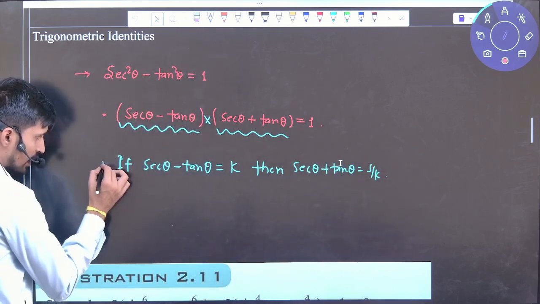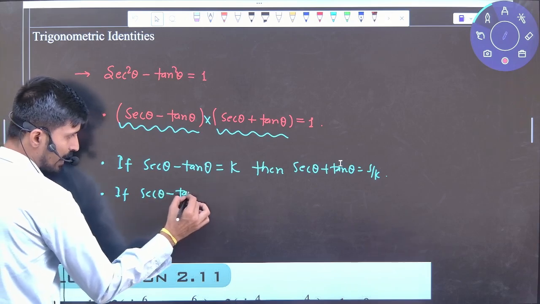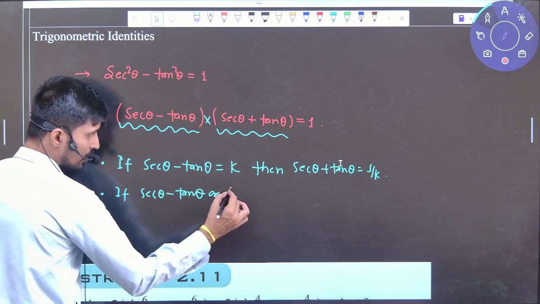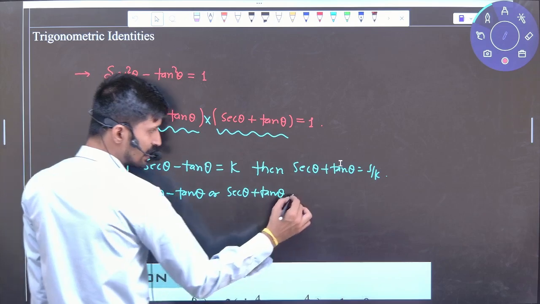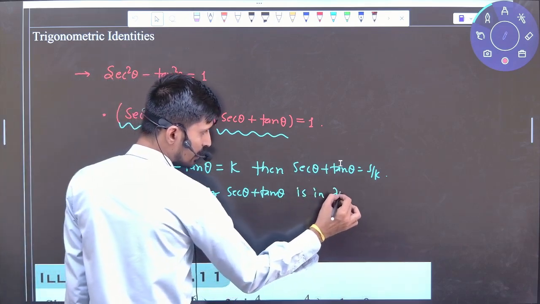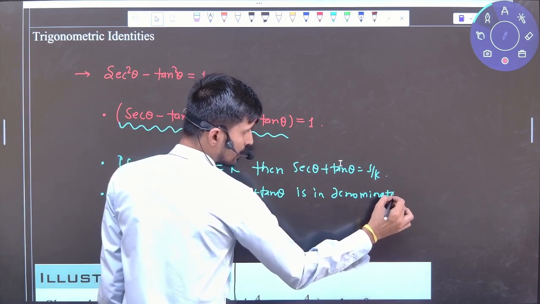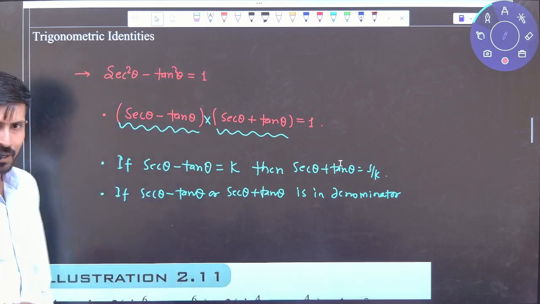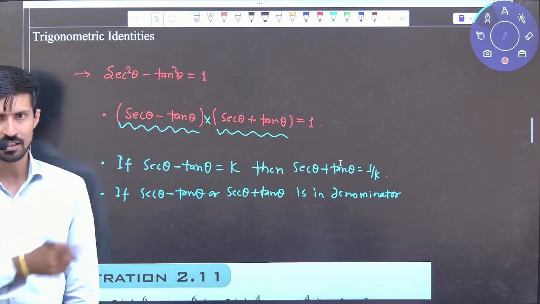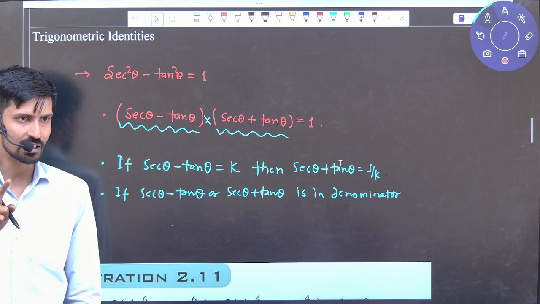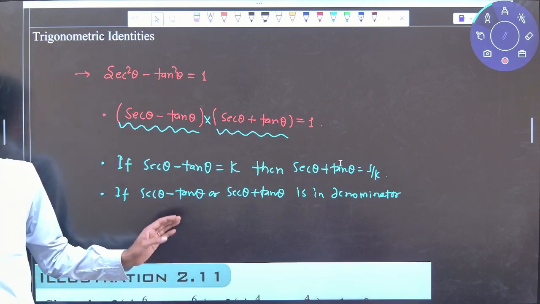And second thing you are learning here, if sec theta minus tan theta or sec theta plus tan theta is in the denominator, then multiply and divide by its opposite sign in the whole expression. Like last time we did, 1 minus sin theta was there, we multiplied and divided with 1 plus sin theta. Same concept arises here also.